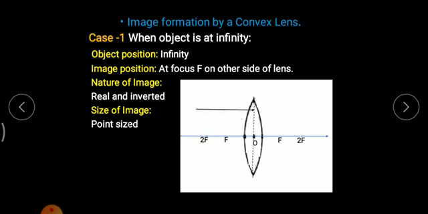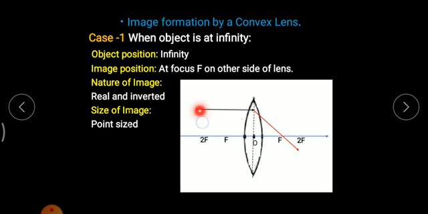Now let us discuss the first rule. The first rule says when the object is at infinite distance. Infinite distance is a point beyond a certain range, but the rays of light are coming from an infinite distance, which means we are not aware from where the rays of light are coming. We are assuming that rays of light are coming from an infinite distance.